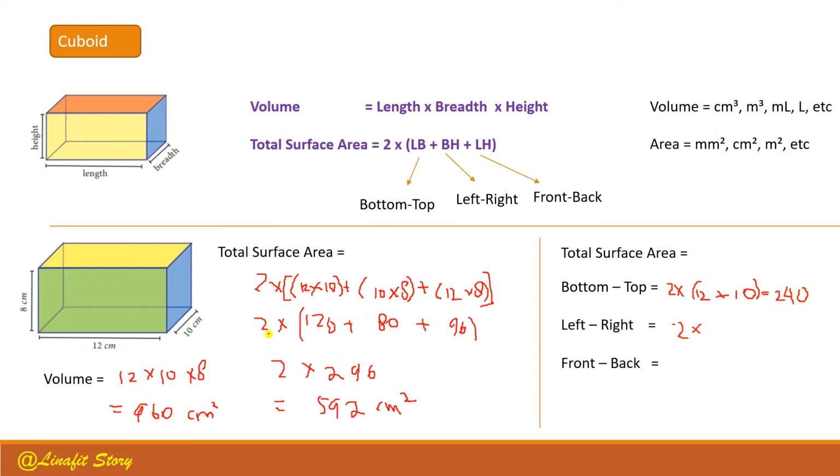So 2 times 10 times 8 is equal to 160. And then the area of the front and the back side. So 2 times 12 times 8 is equal to 192. So 240 plus 160 plus 192 is equal to 592 square cm.